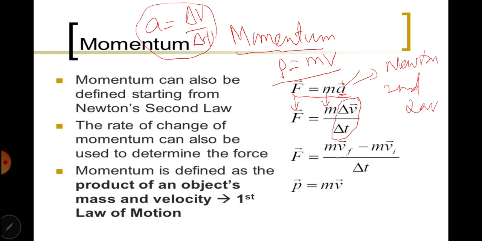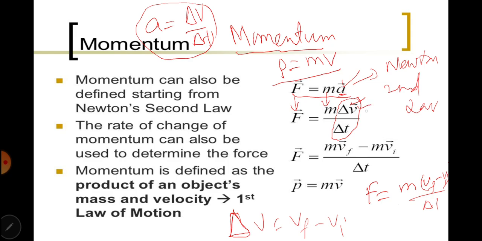Now F is equal to m, and in place of delta v we will write vf minus vi, divided by delta t. Delta v is equal to vf minus vi.